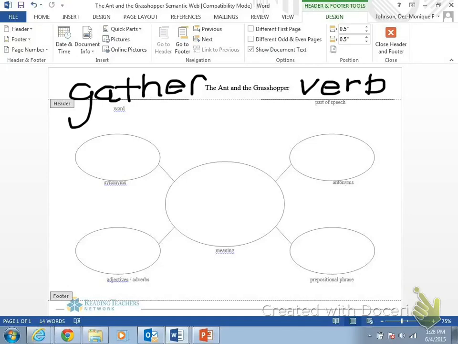So we need a word to describe the way someone can gather. Very good. And we're going to need two prepositional phrases. All right, so I'm going to give you a few seconds to look at that screenshot I gave you, and let's see if you can write for me the meaning of the word gather. I'll give you a few seconds.